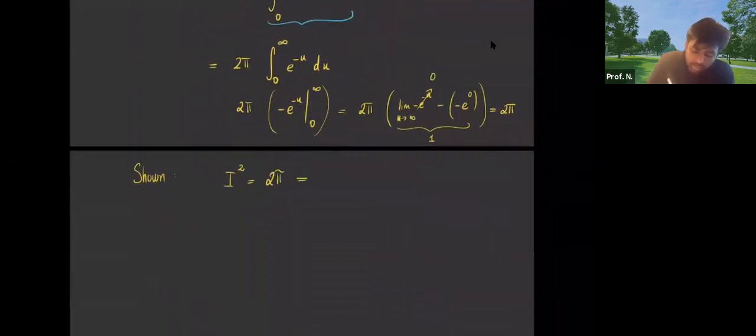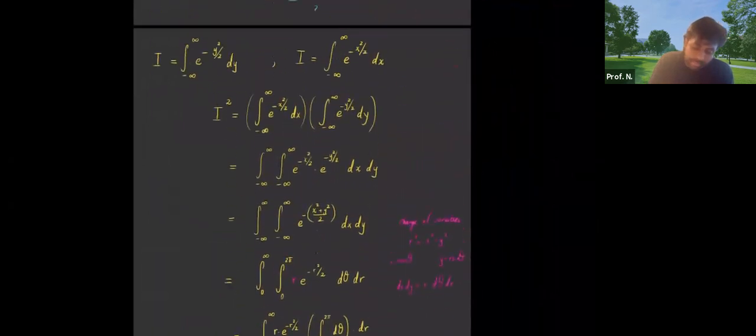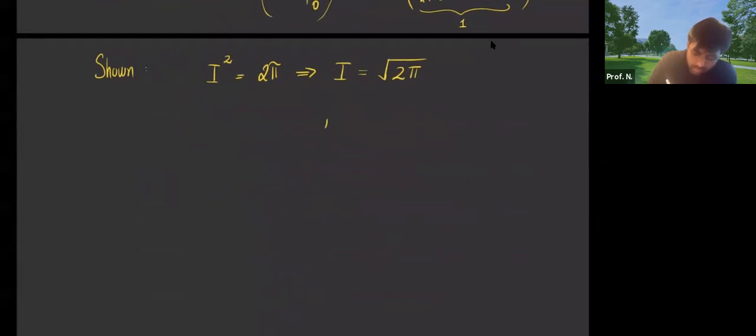And remember what I was, right? When you take the square root of everything, I is the square root of 2 pi. But what was I again? I was the integral from negative infinity to infinity of e to the negative y squared over 2 dy, and this equals the square root of 2 pi.